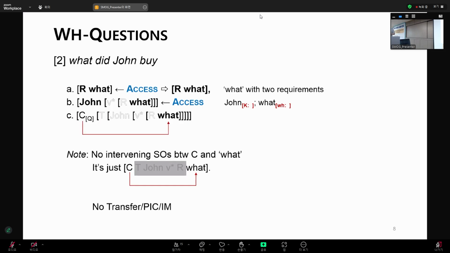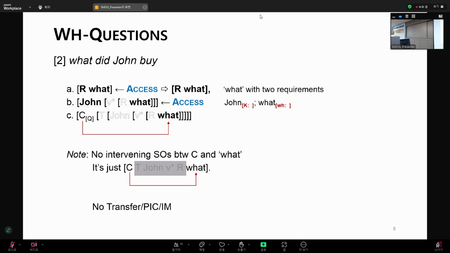So let's take a look at a little more complicated structure where a wh-phrase occurs, like, what did John buy? The first merge is pretty much the same. I'm not going to repeat all of the specifics, but I'll just focus on important things. Here, both R and what remain active, or visible. But notice the difference between regular DPs, like John, and the wh-phrase. Wh-phrases have two requirements to be met.